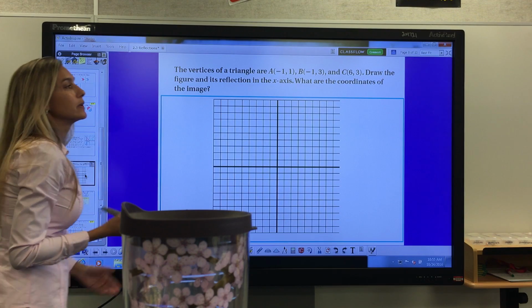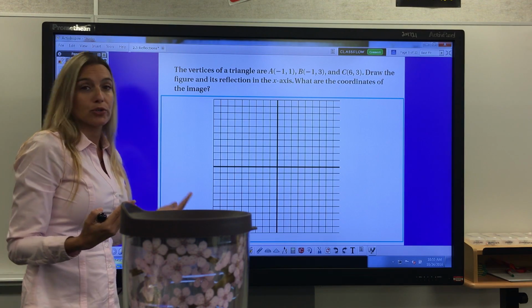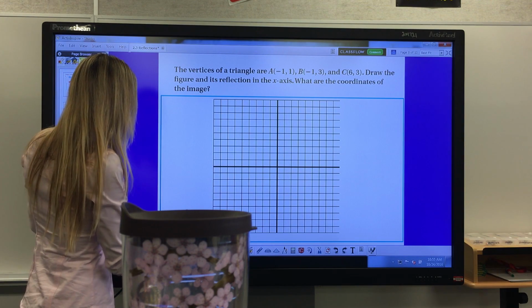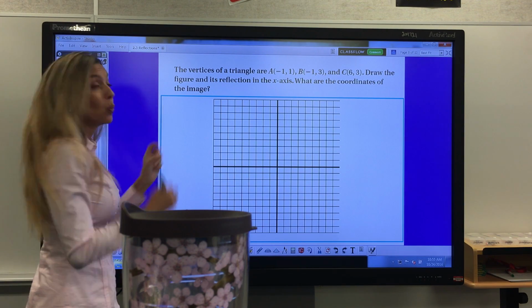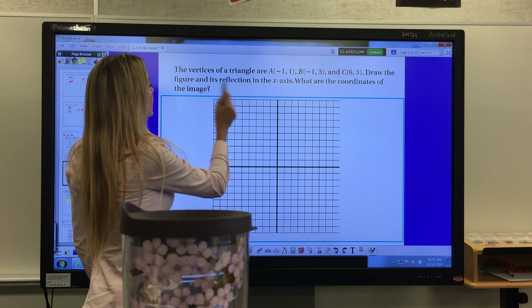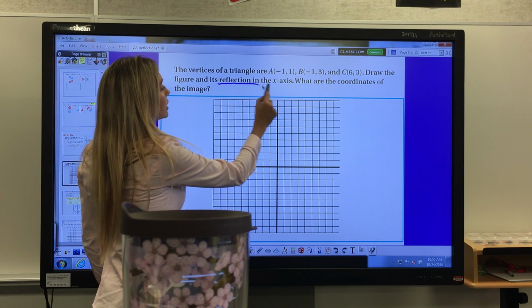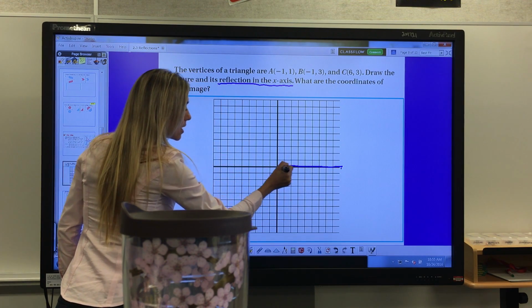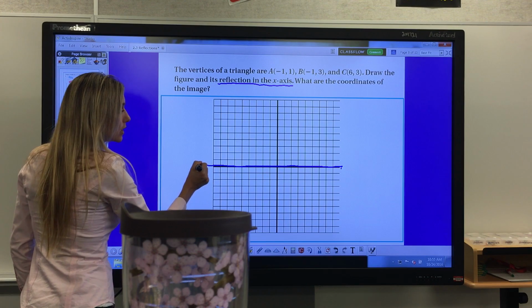You will also be given reflections on a coordinate plane. You have to first figure out what is your line of reflection. What is the mirror? Well, let's see. It says in here, reflection in the x-axis. So the x-axis is the horizontal one, the one that goes left and right.